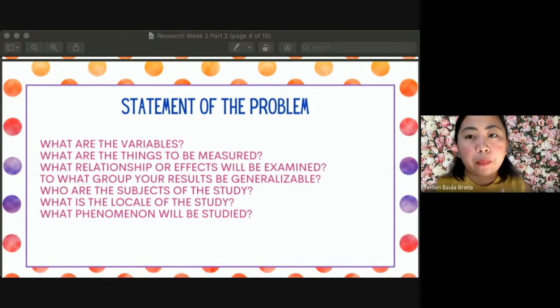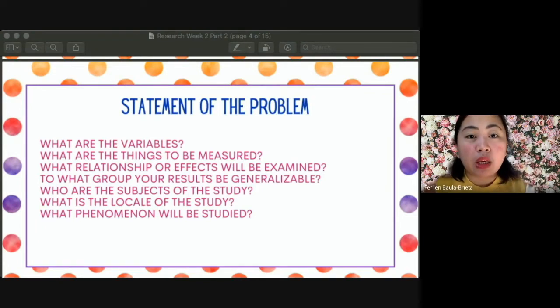For example, we will arrange our methodology according to the chronological order of our statement of the problem. So the methodology is arranged according to the statement of the problem, and also results and discussion are arranged according to it.